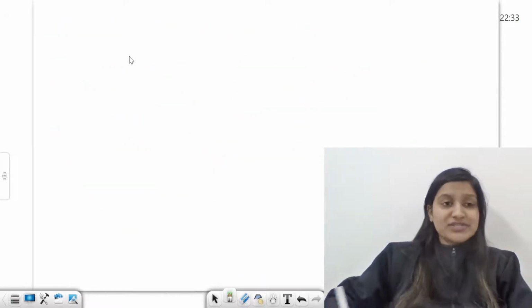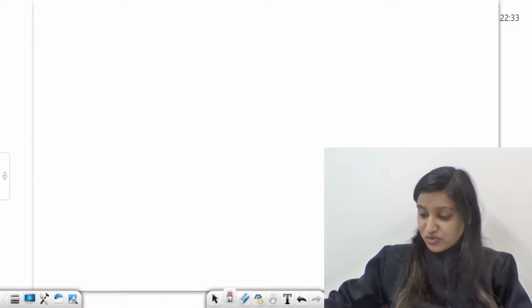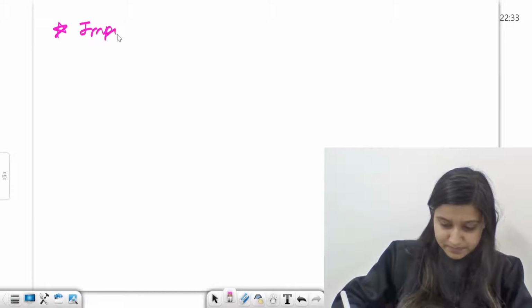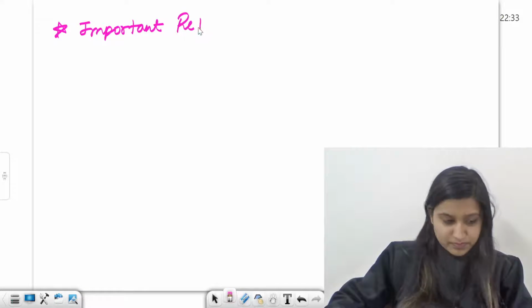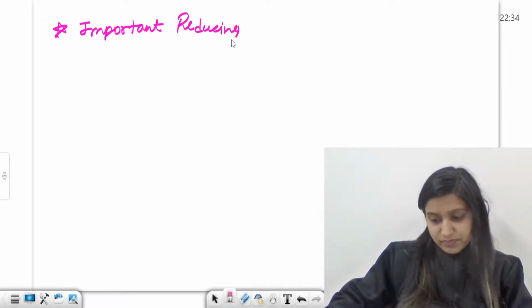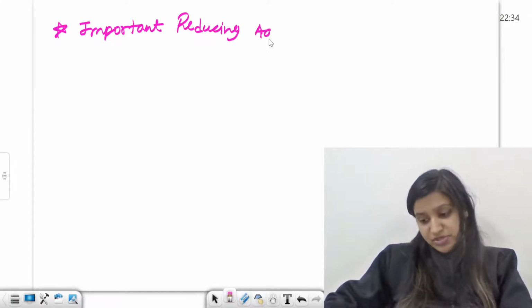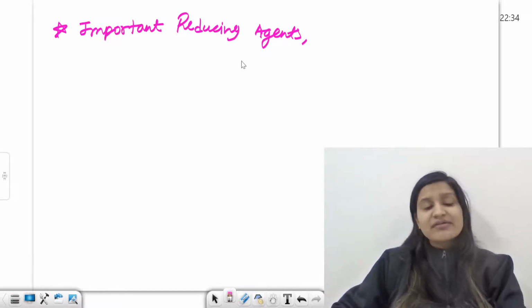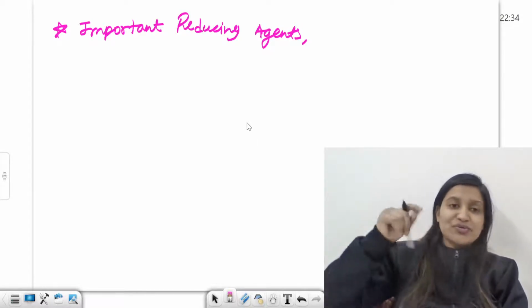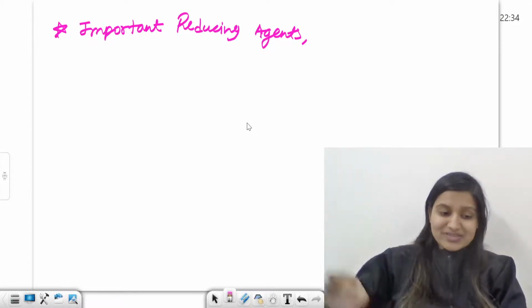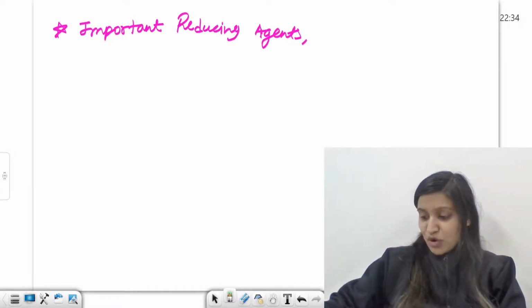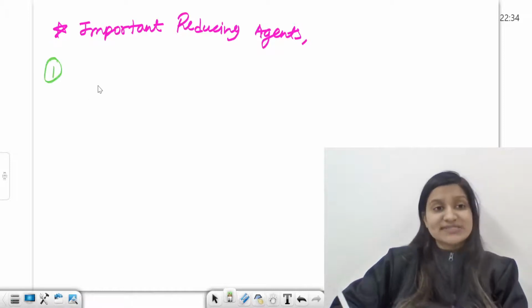Now to important reducing agents. Important reducing agents. So what are reducing agents? Those that reduce others and get oxidized themselves. First of all, all the metals are reducing agents.